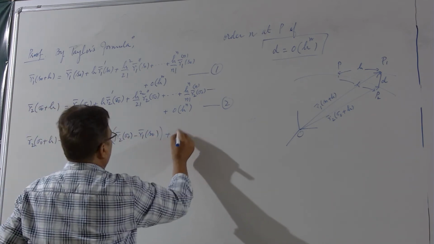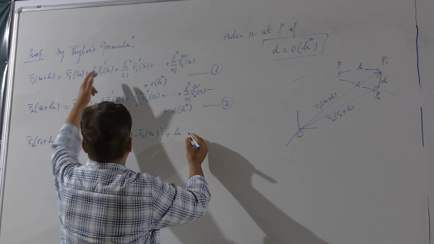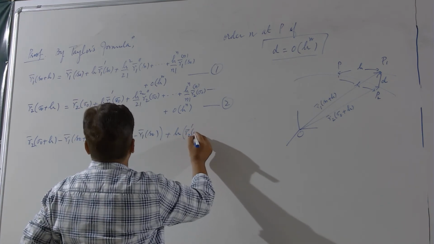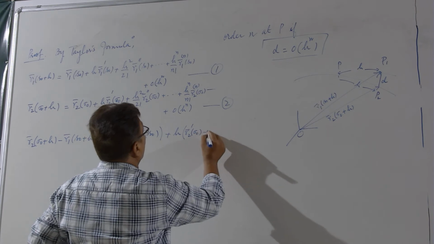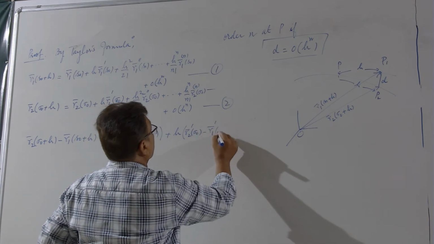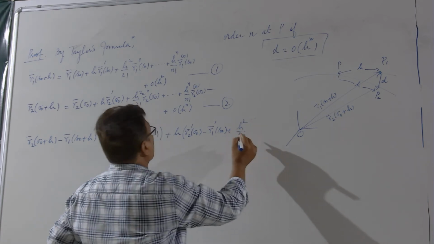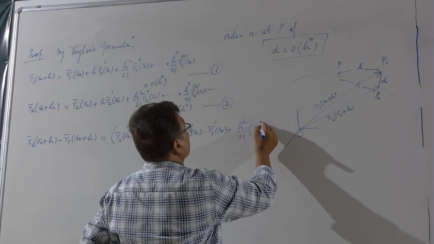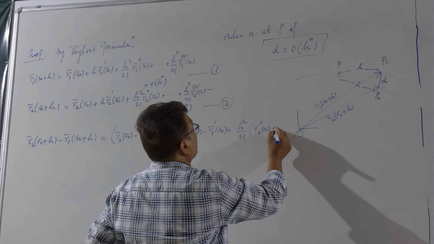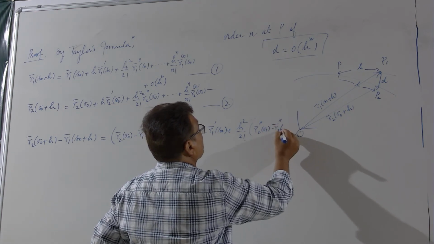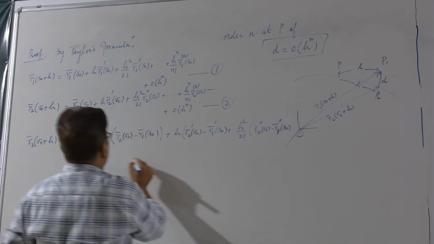plus h, you can take common between these two terms, R2'(σ0) minus R1'(S0), plus h square upon 2 factorial, R2''(σ0) minus R1''(S0), and so on.